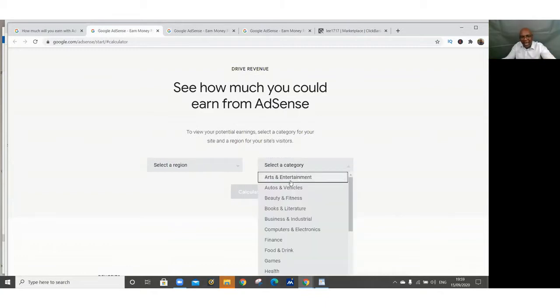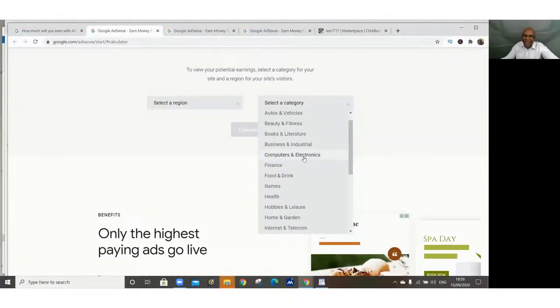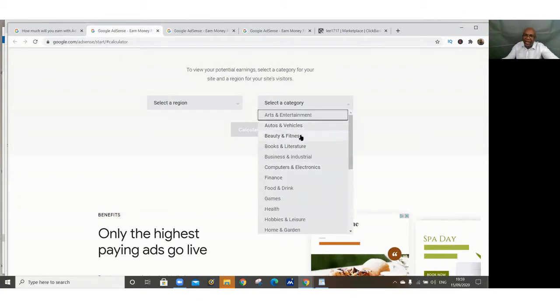So if you are in arts and entertainment, or auto and vehicles, beauty, fitness, books, computers, electronics, food and drink, games, health, hobbies and leisure, home and garden, internet, telecoms, these are the different categories that you can make videos on, right?